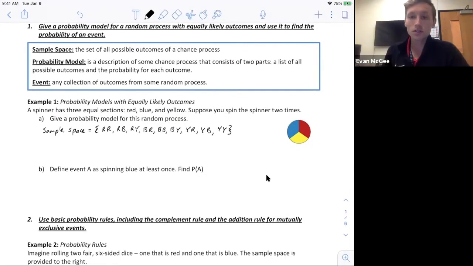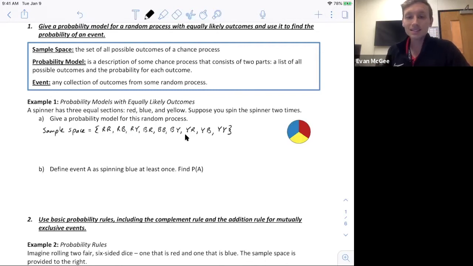So first, here's the sample space listed out. I could have a red and a red, a red and a blue, a red and a yellow, blue and a red, blue and a blue, blue and a yellow, yellow and a red, yellow and a blue, yellow and a yellow. Those are all the possible outcomes. And next, I need to say what the probability of each of these outcomes is.